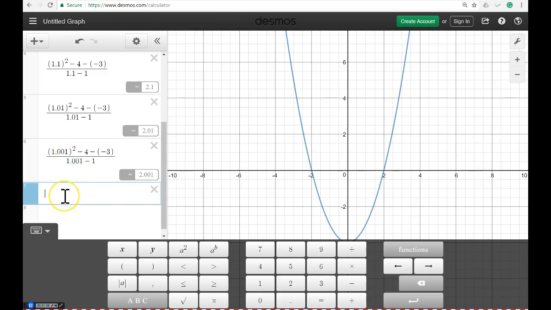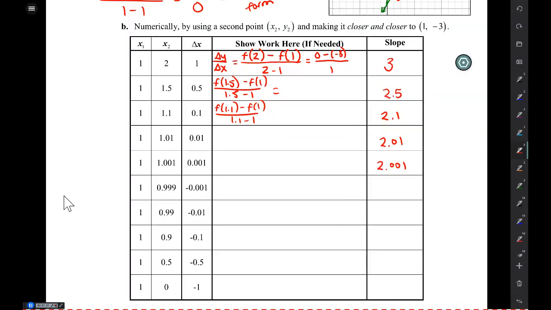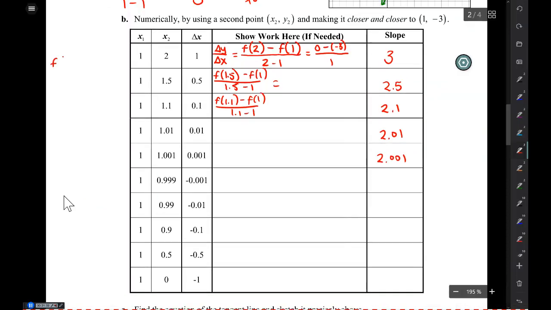That is, we're going to take f of x minus f of 1 and divide by x minus 1, right? Notice that the things that we were plugging in, oops, I wanted that to be green, right? That's where we were plugging in, f of 2, 2, right?